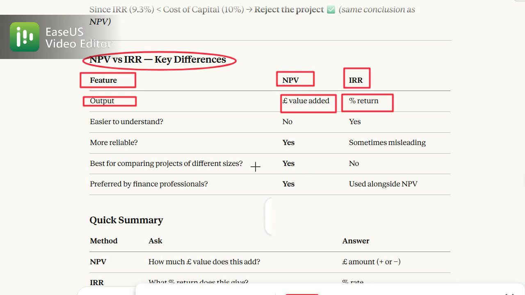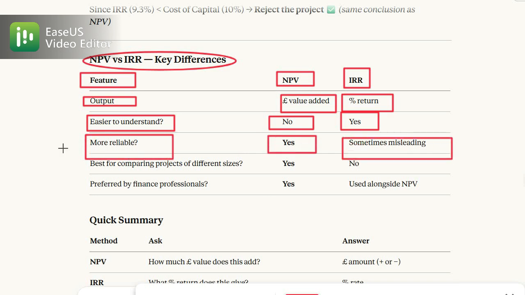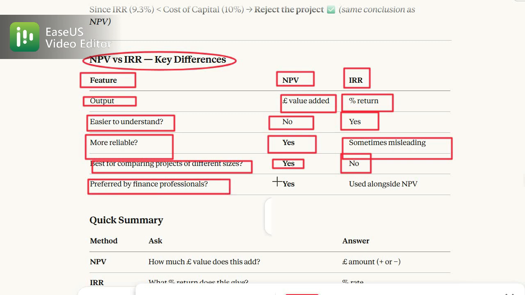NPV shows value in rupees gained, and IRR shows your percentage return. NPV is more reliable and best for comparing projects of different size, while IRR can sometimes be misleading. IRR is easier to explain, but can sometimes mislead.